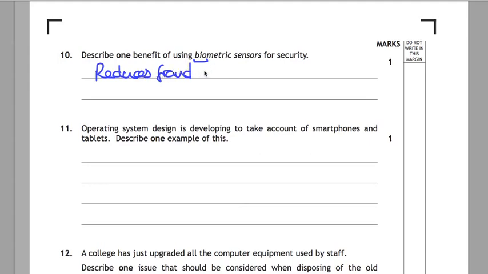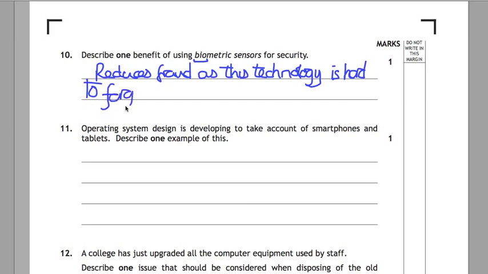So it reduces fraud as this technology is hard to forge. Right, that would get you your mark.